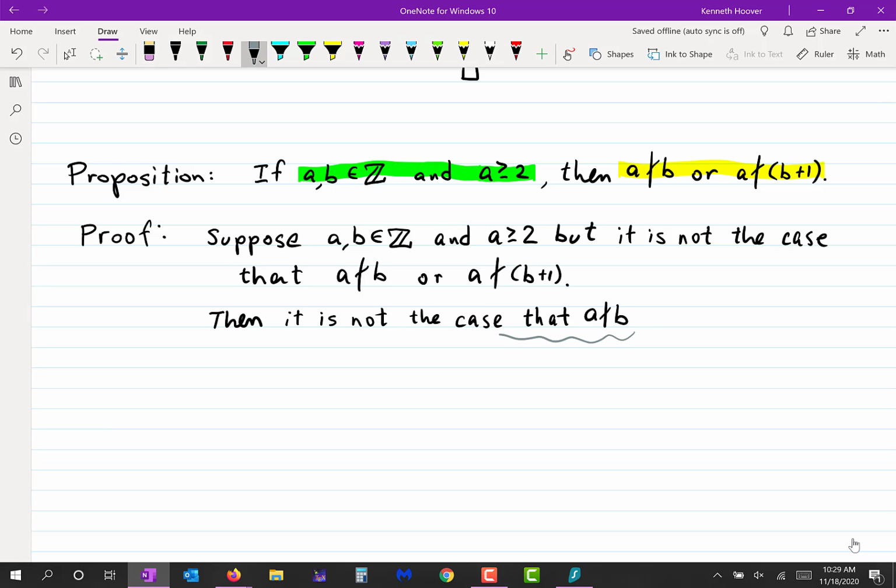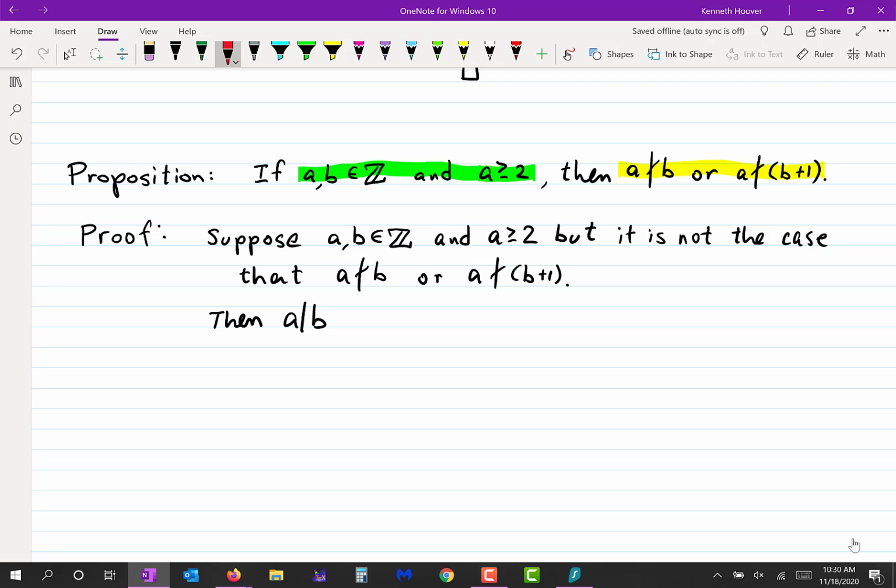Is there a shorter way of saying this? It is not the case that a does not divide b. That's a double negative, right? I'm saying a does not divide b. Isn't there an easier way of saying that? Isn't it the same thing as saying a divides b? Boy, that would be way shorter, wouldn't it? So instead of saying it's not the case that a does not divide b, we can simply say a divides b.